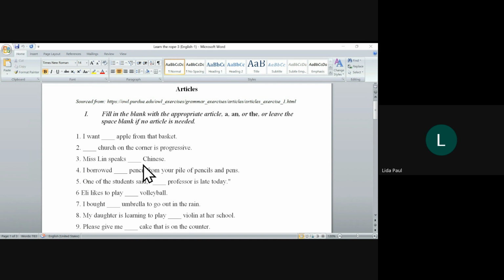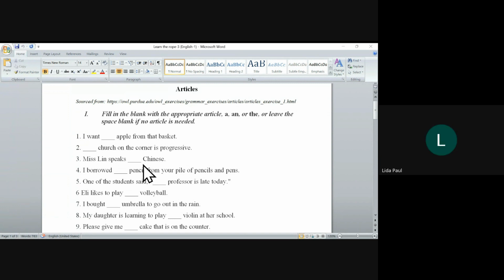Okay, so in the given case, what happens? You can use both. You can either use an, you can use the. In both cases, the answers would be correct, but the intended meaning would be different. Can you tell me what would be the meaning? Student: Now we are specifying with the, and is any apple in the basket. Tell me what would be the meaning in the case you use the apple.